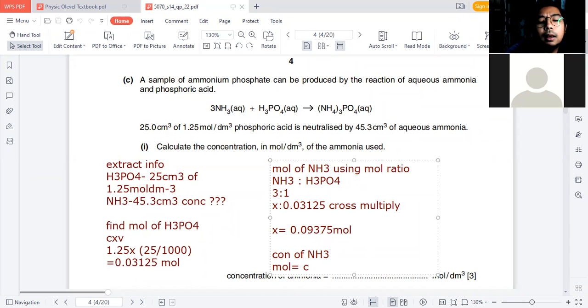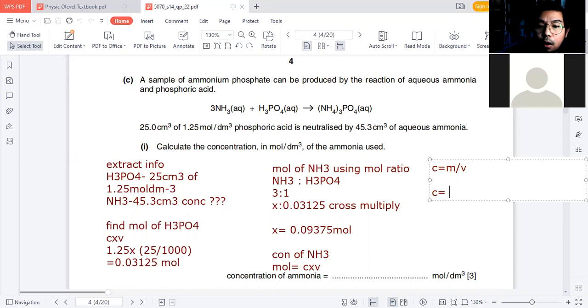To find the concentration of NH3, use the formula mole is equal to C times by V. To find concentration, C is equal to mole over volume, and V has to be in dm cube, so remember that.